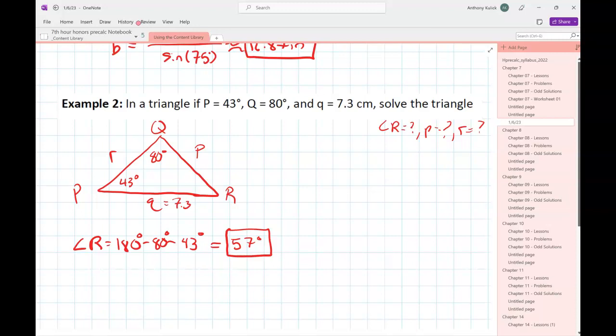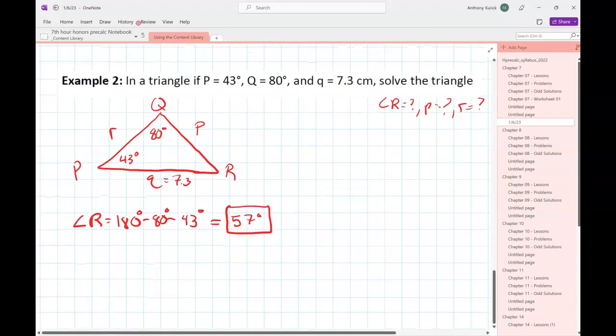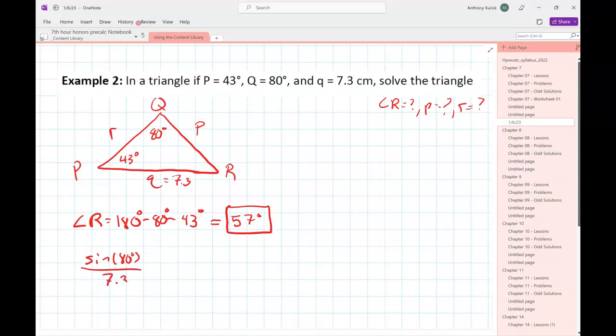Now that I know angle R, I have enough to solve for either little side R or side P. Does it matter which one I solve for next? No. Which one am I going to use? I'm going to do P because, well, the alphabet.